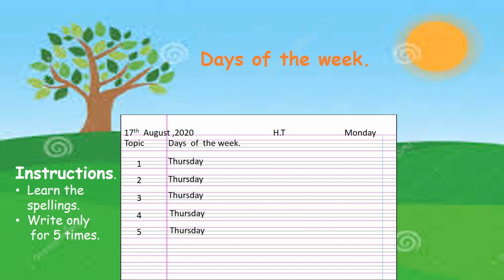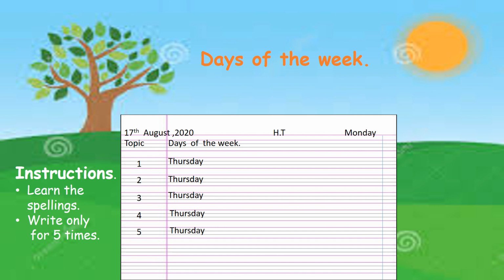Okay, now open your English notebook and write the date 17th August. A-U-G-U-S-T, August, comma 2020. Now write capital H, T stands for home task.